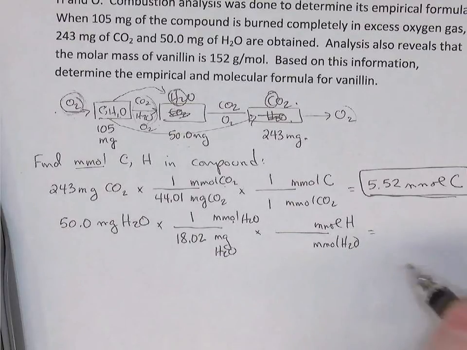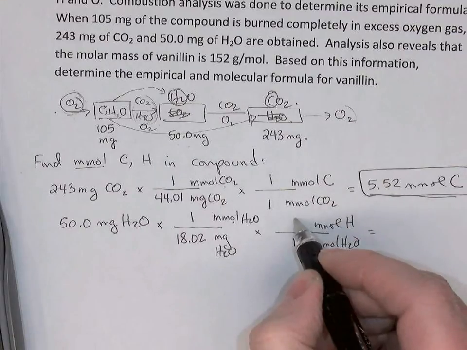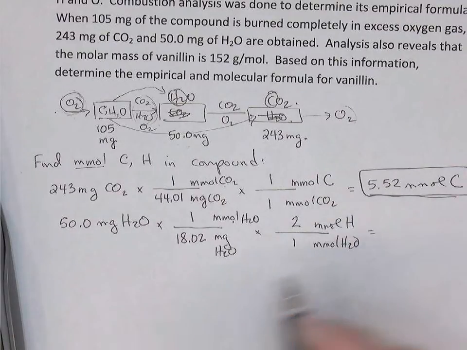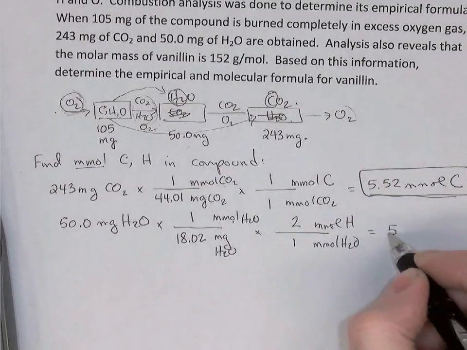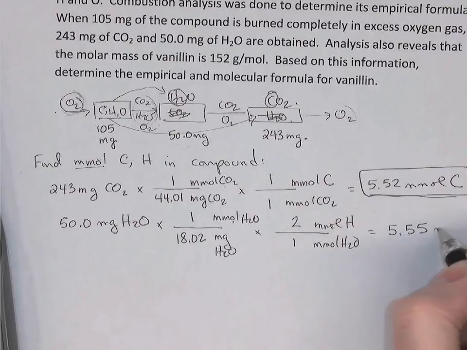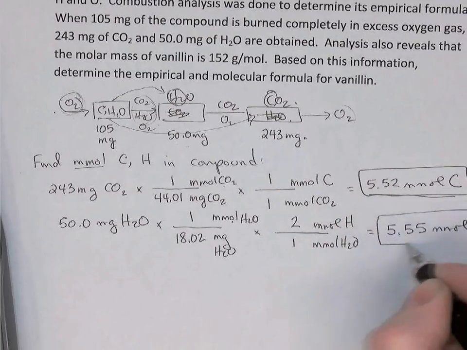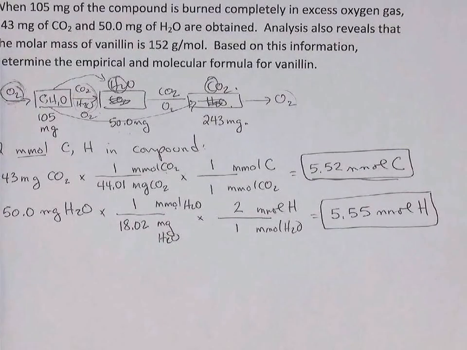So for every 1 millimole of water, there are 2 millimoles of H. So 50 divided by 18.02 times 2, and we get a number very similar, which is nice, 5.55 millimoles of hydrogen. And again, I'm going to put a box around that because that's going to be useful later when I find my mole ratios, or my millimole ratios, to get the formula.